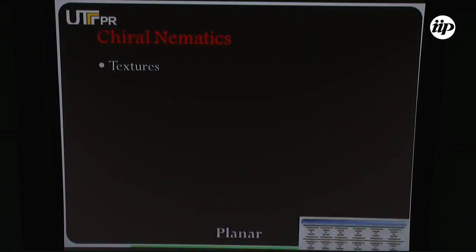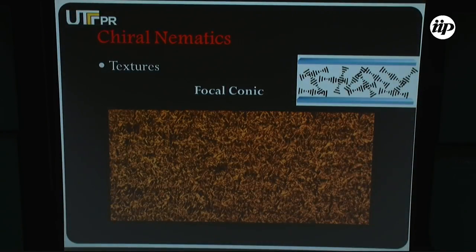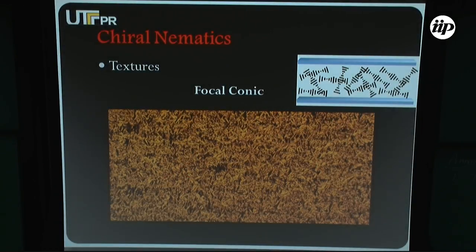But if you apply an electric field and the molecules want to reorient, you can get another texture. You can break that uniform texture into a polydomain structure. People call it focal conic. I know people from this background, they don't like it.